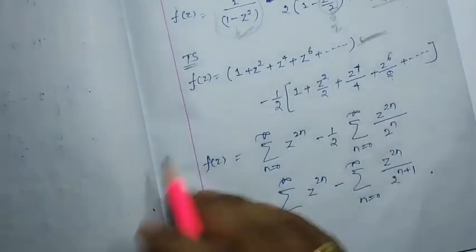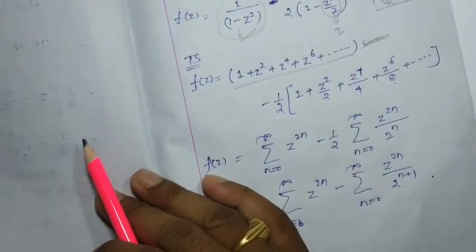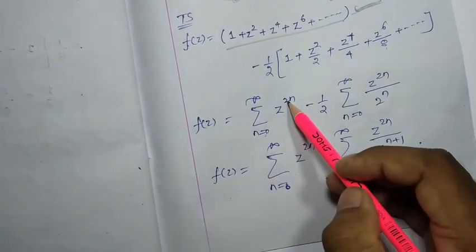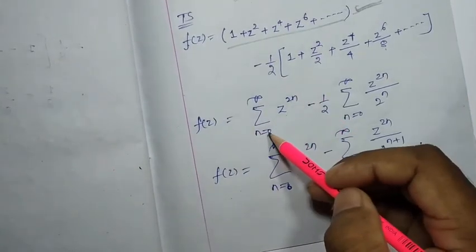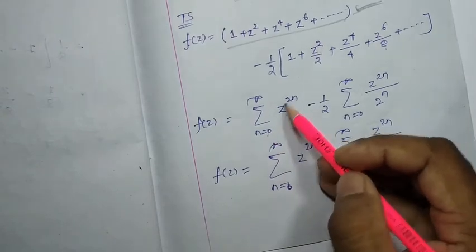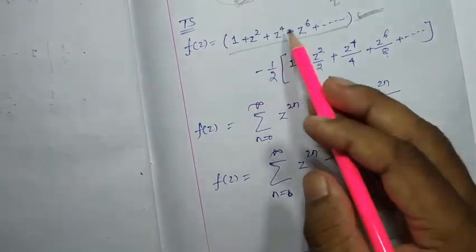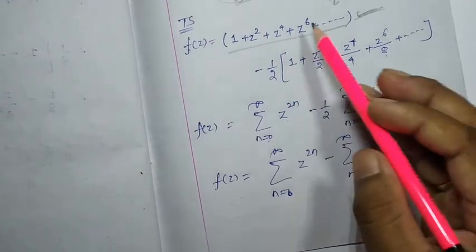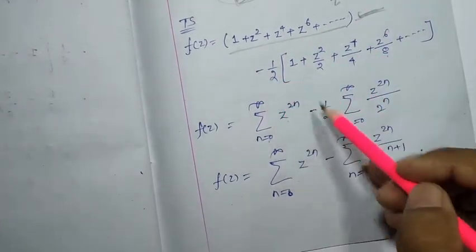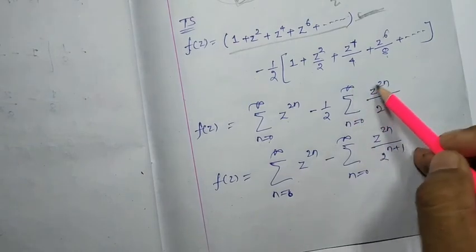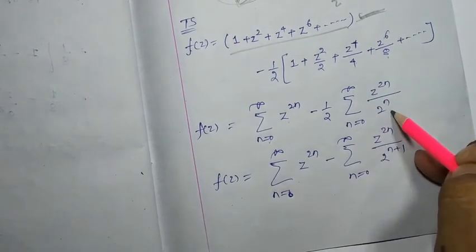So this can be written in summation format, that is n equal to 0 to infinity z to the power 2n. You can check: put n equal to 0, it will be 1; n equal to 1, z square; n equal to 2, z to the power 4; n equal to 3, z to the power 6, and so on. So here it will be minus 1 by 2 summation over n equal to 0 to infinity z to the power 2n by 2 to the power n.